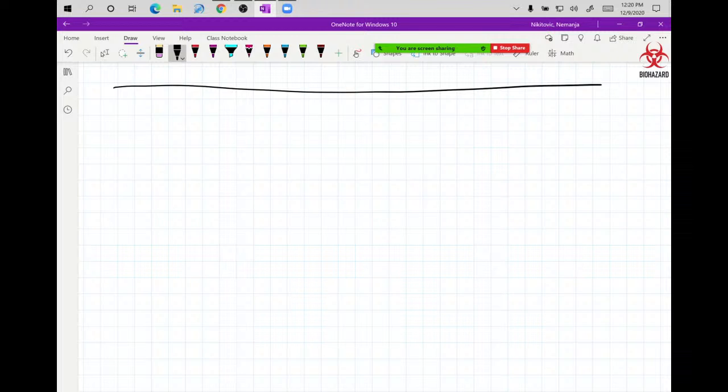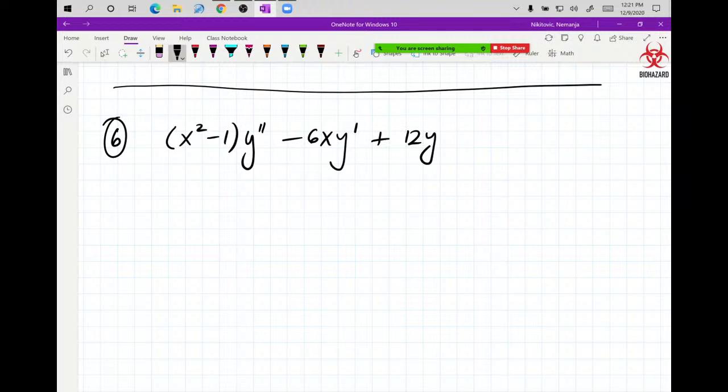Something like problem number 6. Lock the doors. x squared minus 1, y double prime, minus 6xy prime, plus 12y equals 0.